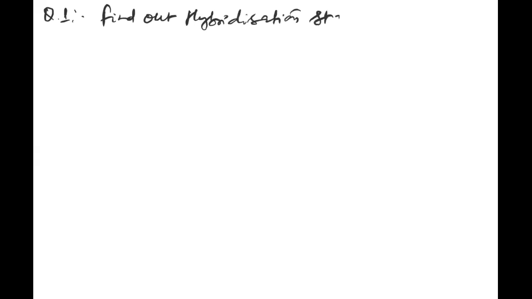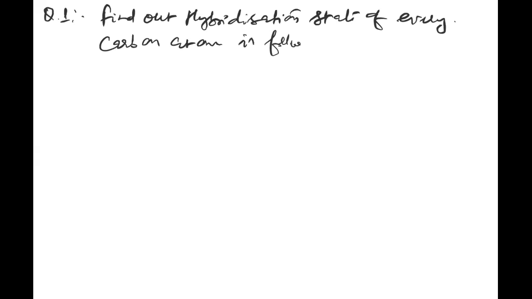So the overall funda is that you should be able to find out the hybridization state of different central atoms, and you should be able to predict their geometry. For example, the first question based on this is: find out the hybridization state of every carbon atom in the following compounds.